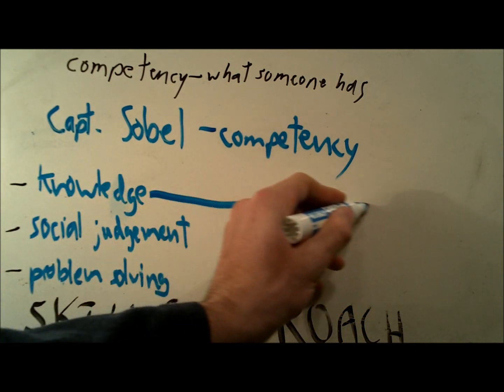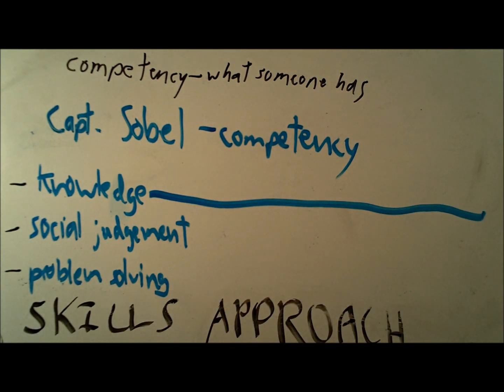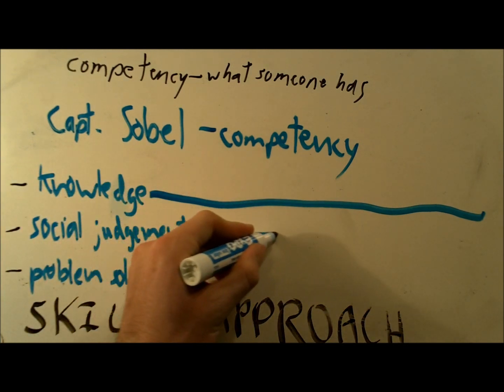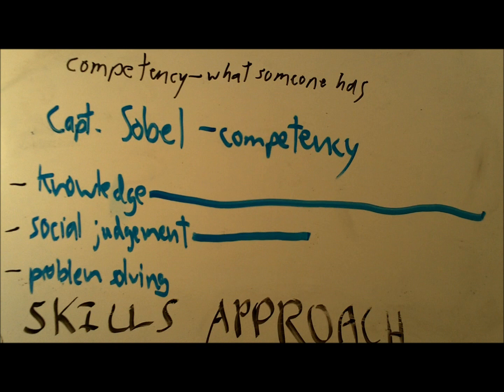I'd say that the captain is pretty knowledgeable because he knows how the military works and he knows what's good and bad about the platoon. Social judgment, maybe not quite as much, because he's pretty mean to the men, which in the military is good, but he could be a little nicer if he wants to motivate them more to do things well.